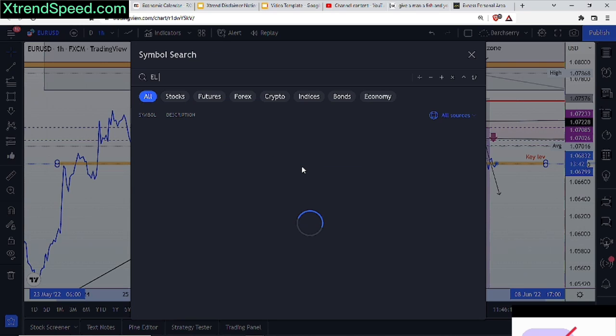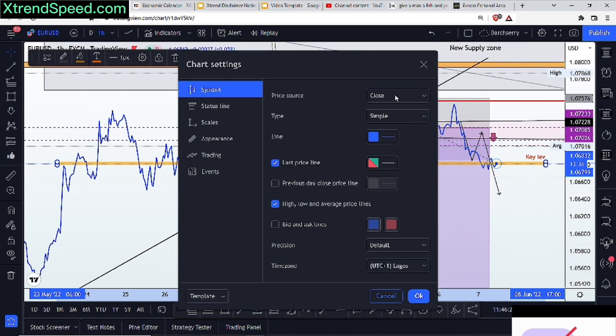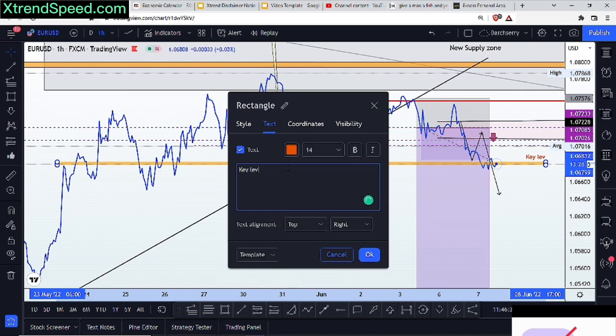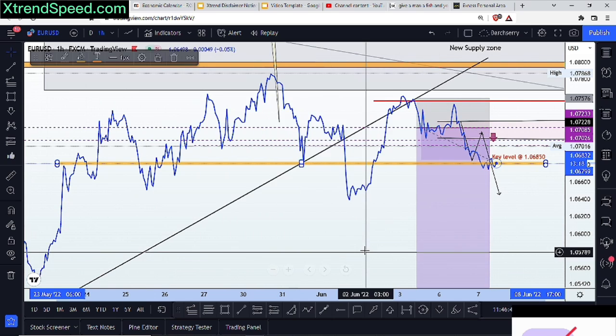Key level at 1.06850. So we have our key level sitting right at that area.